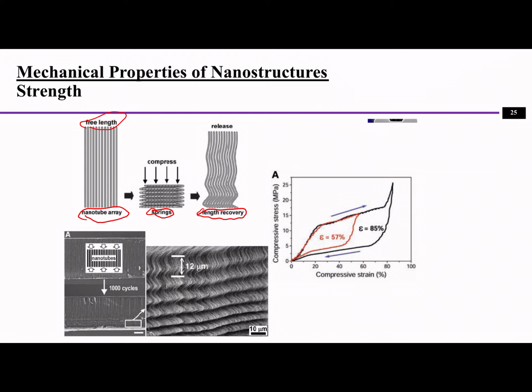Having this spring system with carbon nanotubes, we can create, like we watched in the video, a whole forest of the materials. As you can see from this image, this is only 12 microns of carbon nanotubes. So this is a stress strain comparison.